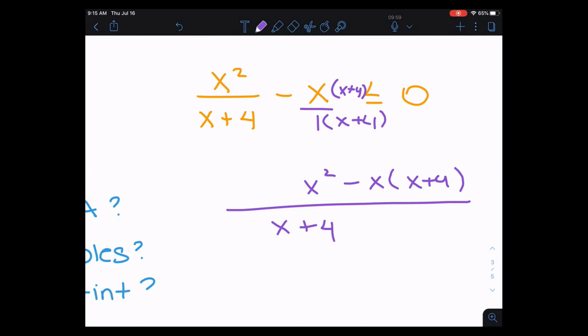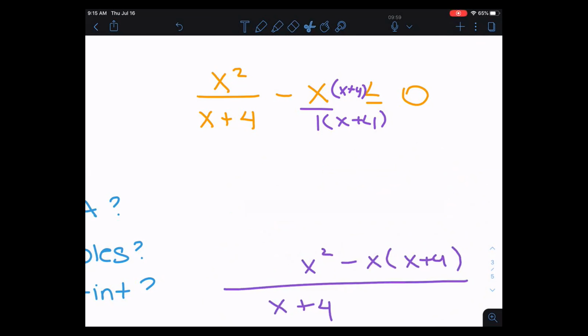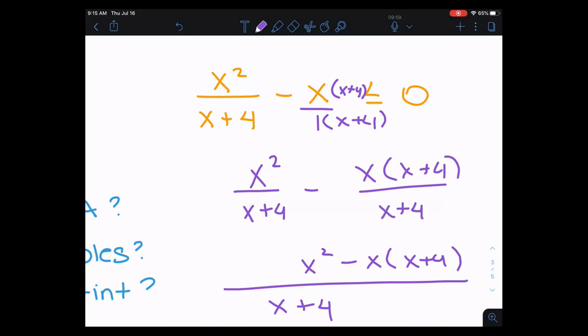I know some of you guys are probably not comfortable with fractions. Let me write one extra step. So you have x squared over x plus 4 minus x times x plus 4 all over x plus 4.